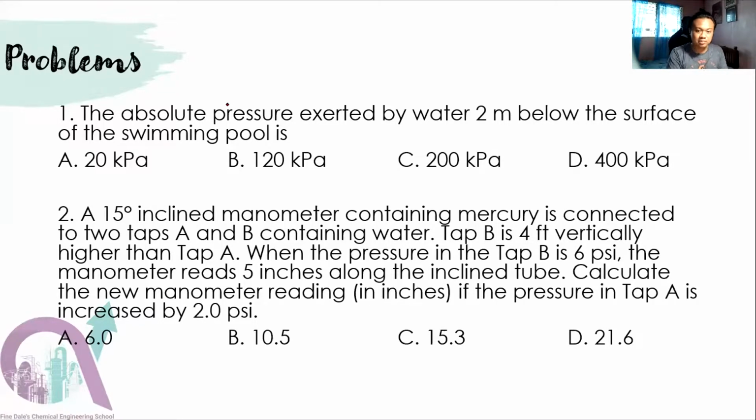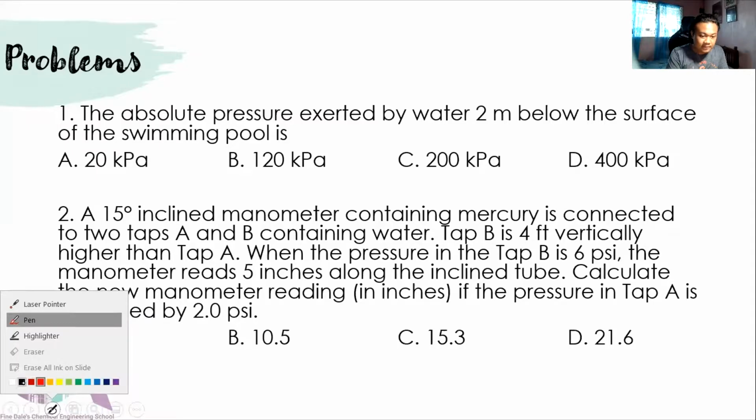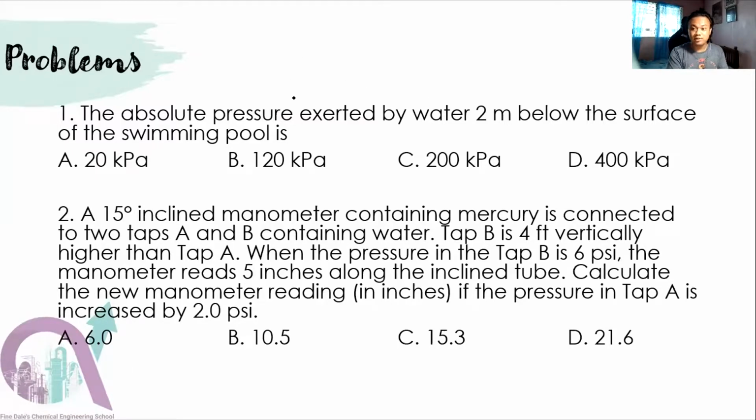So the absolute pressure exerted by water 2 meters below the surface of the swimming pool is just a simple rho GH, diba? So rho GH plus the absolute pressure.